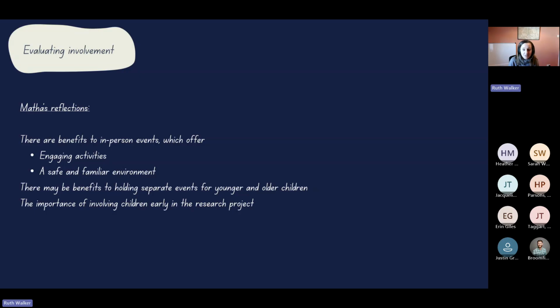But she mentioned this idea of holding separate meetings for younger children and older children, which I definitely think is what we planned to do right from the beginning. And she's right, there are big differences between what older children and younger children want to talk about.